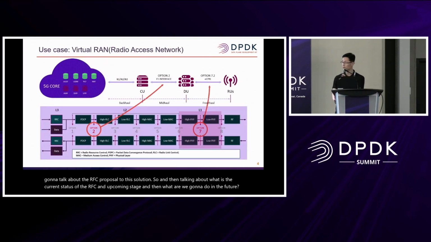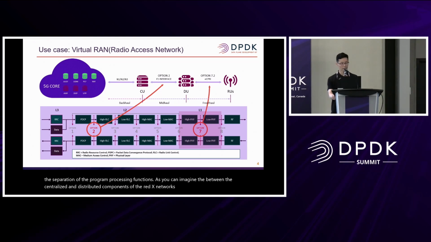Let's look at the virtual RAN, vRAN, as the first use case. In the 5G vRAN, virtualized radio access network, there is a split between central units and distributed units. The CU and DU split refers to the separation of the baseband processing functions between centralized and distributed components of the radio access network.